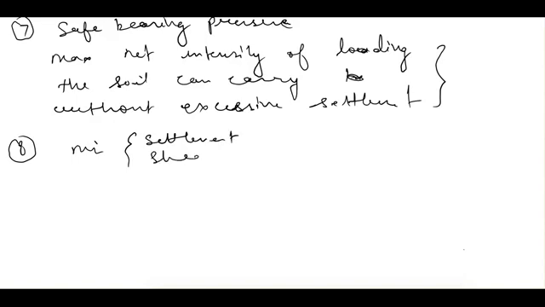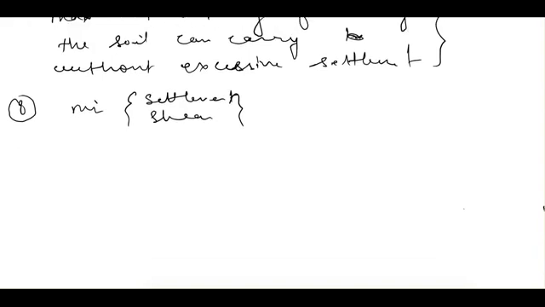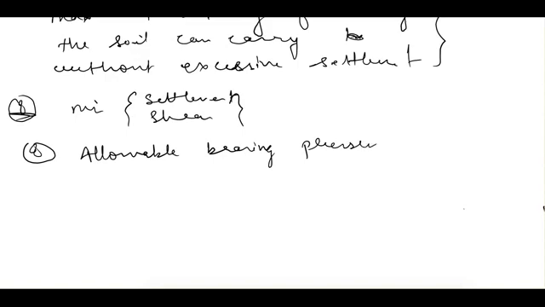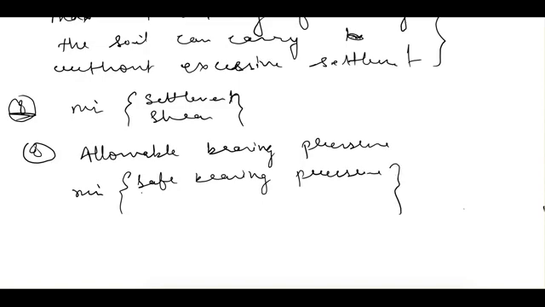For our design purpose we need to take the minimum of settlement criteria and shear criteria. So the last definition, the 8th one, is allowable bearing pressure. Allowable bearing pressure is the minimum of safe bearing pressure and net safe bearing capacity.